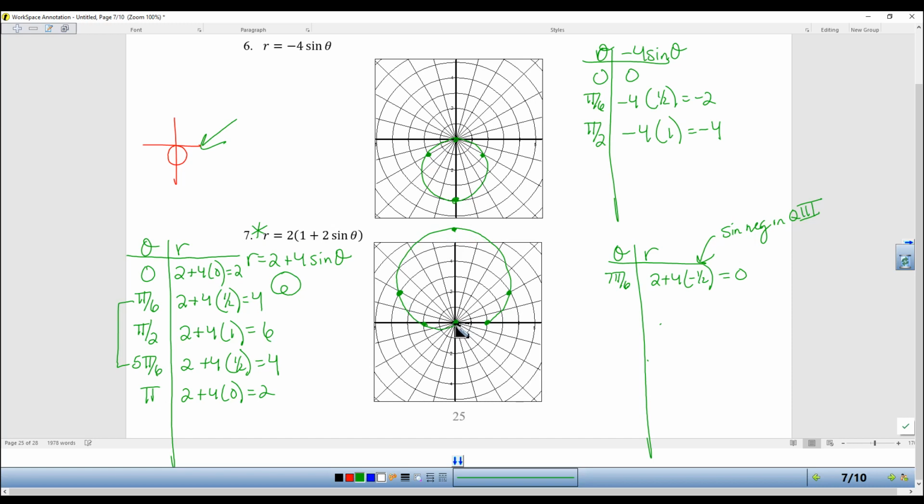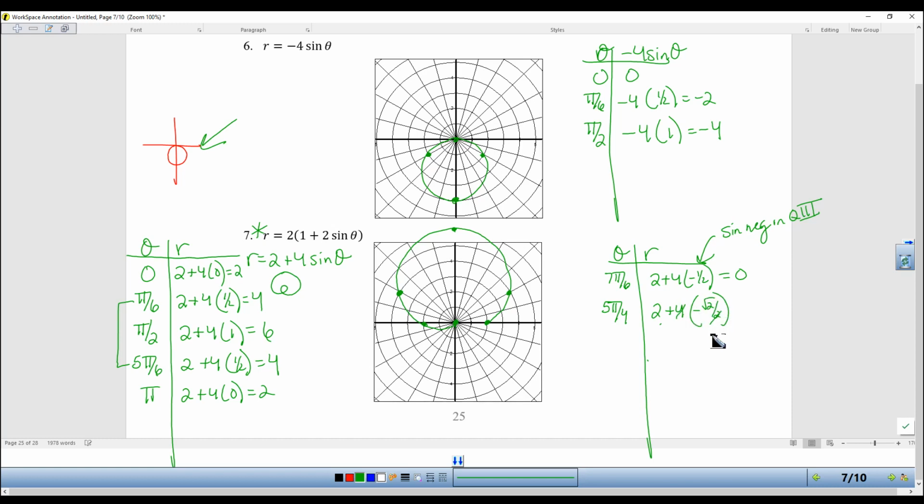So what do I expect it to do now? To make its loop. So when I do this, now I really feel like you need to have a few smaller points. So I'm going to do 5 pi fourths, which will give me 2 plus 4 times negative square root of 2 over 2.